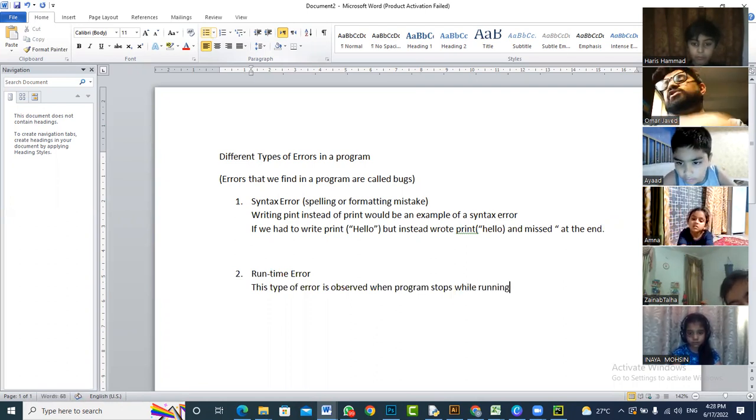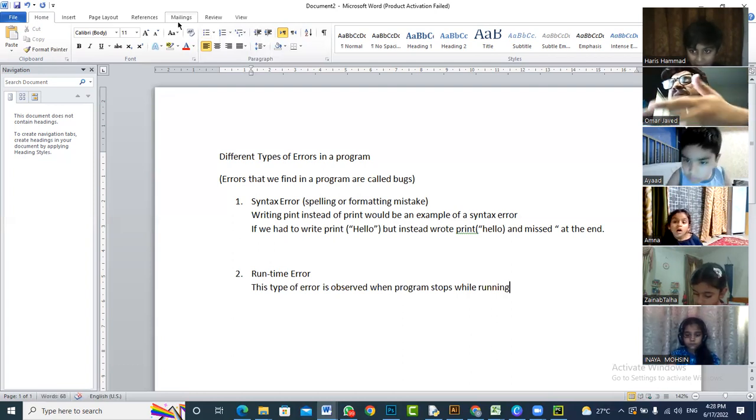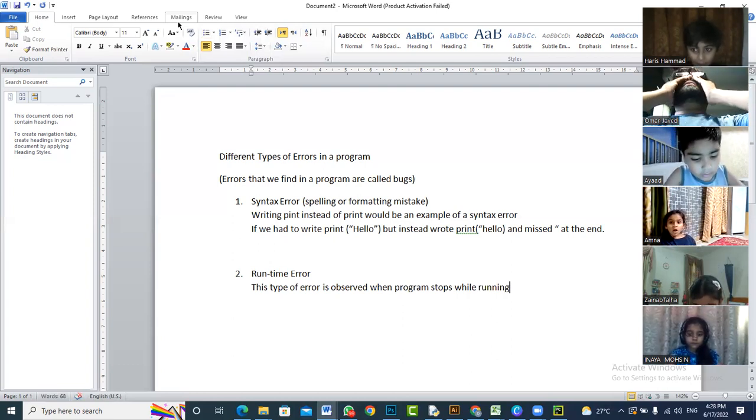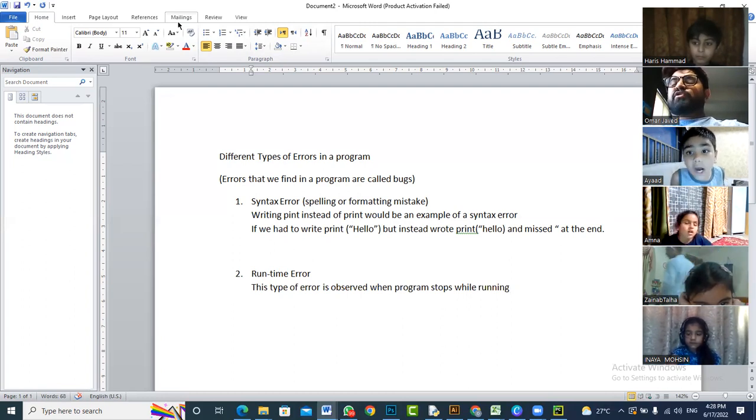So in the first type of error, the syntax error, the program does not start to run until and unless you remove that syntax error. If you had a syntax error in your program, it would not even start.